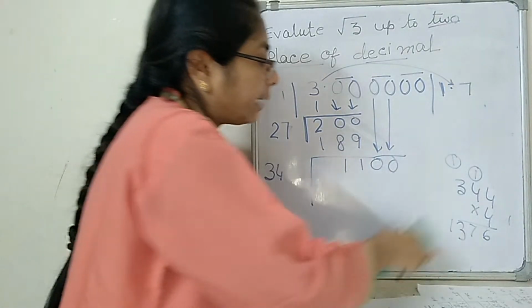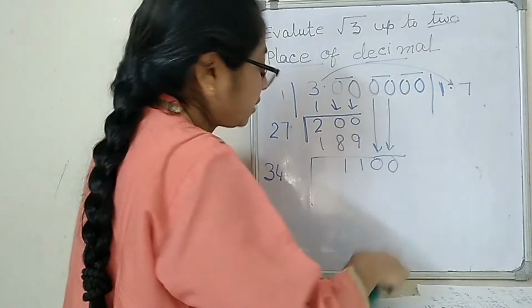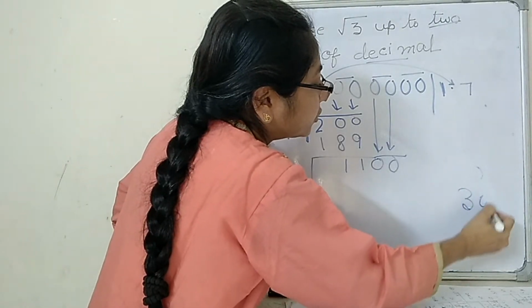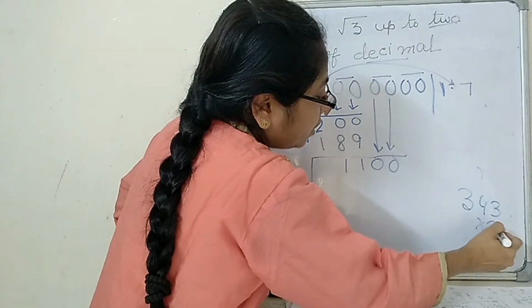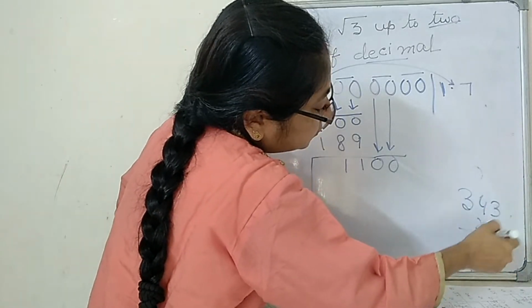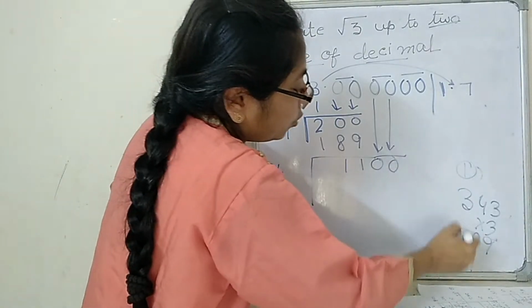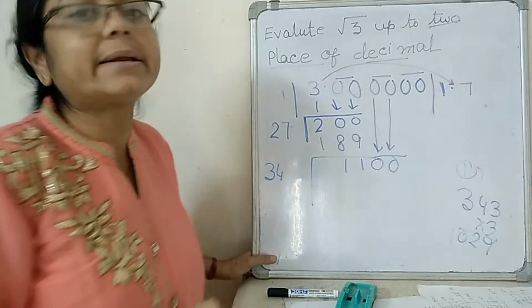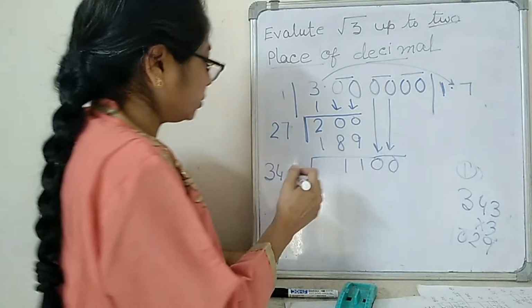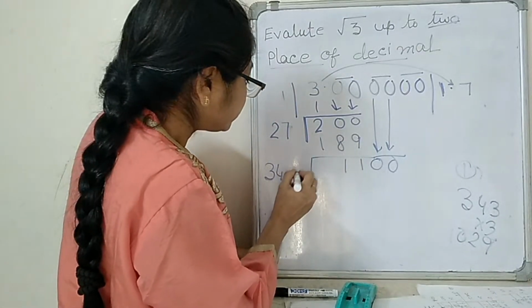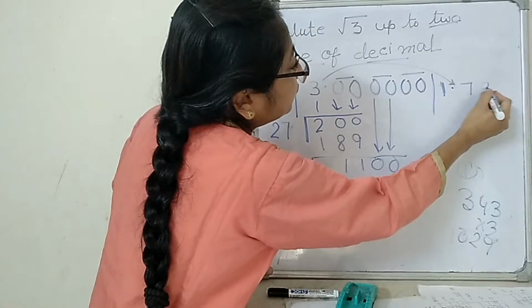I check one more number. 343 by 3: 9, 12, 1 carry forward, 1029. 1029 is the nearest to 1100. So I write here 3. I write here 3.